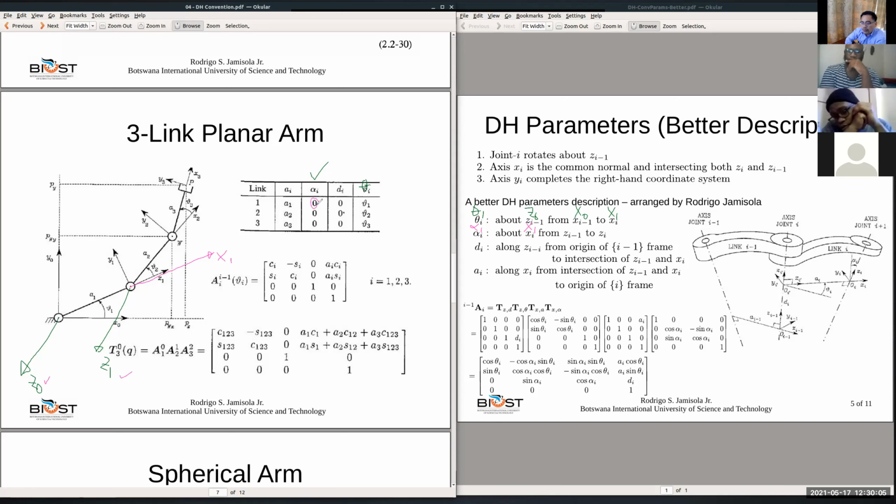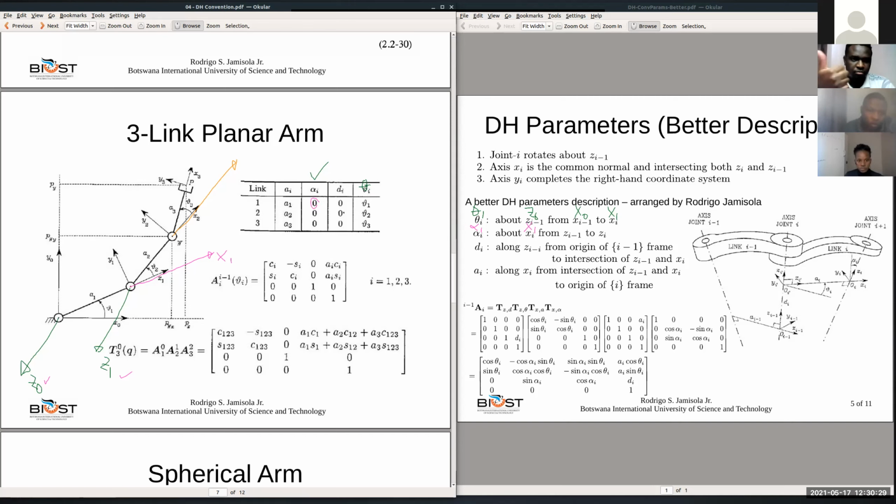Okay, so if we move to x2, let's make it a different color. Can somebody stick his thumb out? You put your thumb in the direction of x2. Where is the direction of x2?